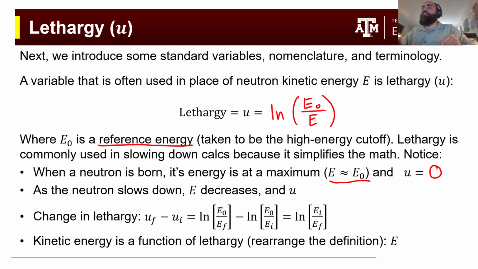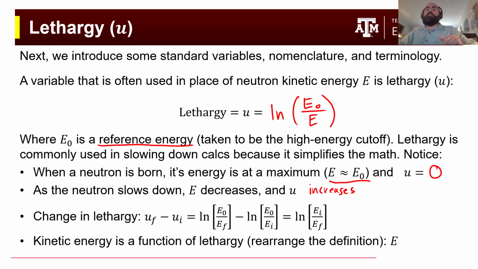Because of the form of this function, as the neutron energy E gets smaller, the lethargy goes up. So u, the lethargy, increases as E decreases. Lethargy follows the life cycle of the neutron: neutrons get more lethargic as they slow down. As their energy decreases, their lethargy increases.